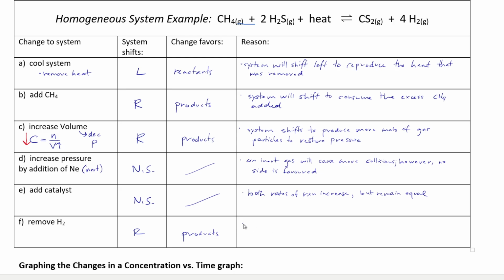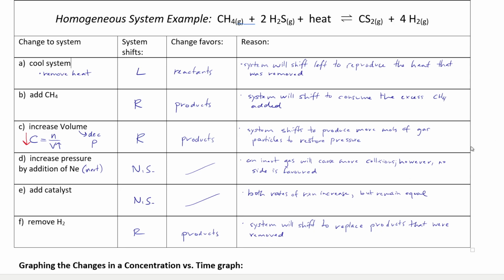So the system will shift to replace the products that were removed, or H2 that were removed.